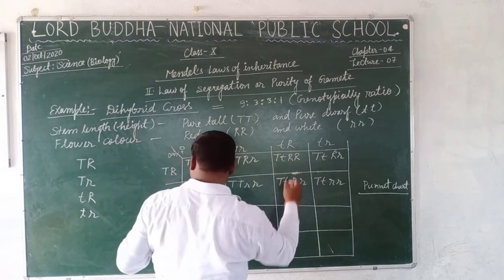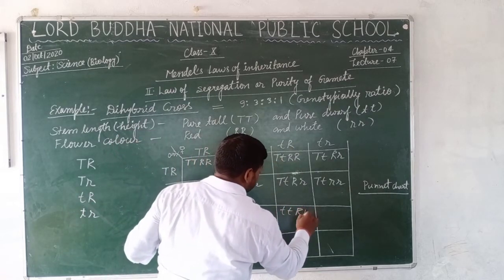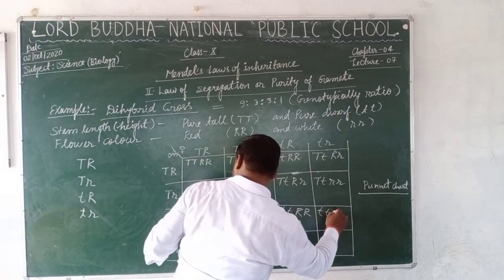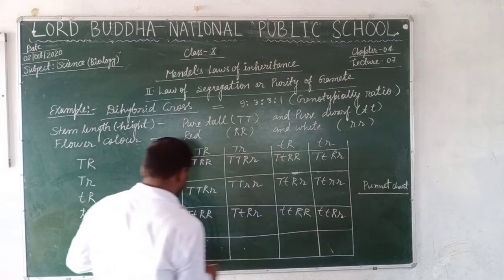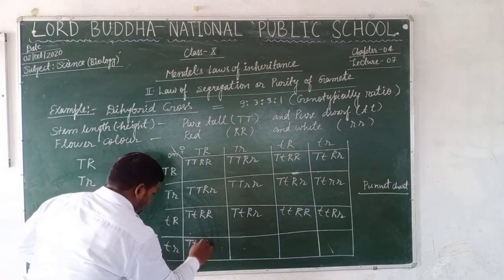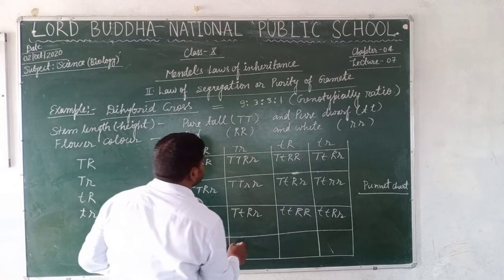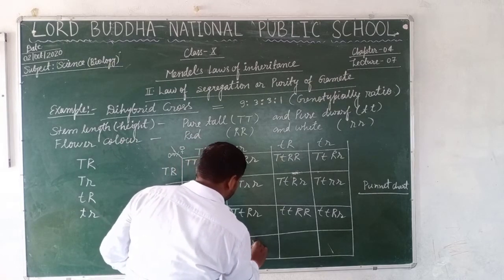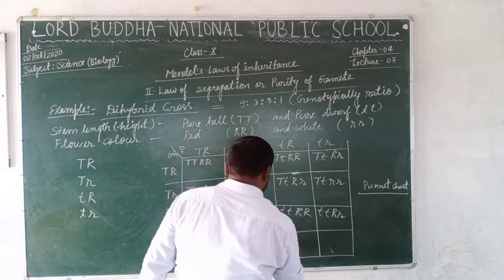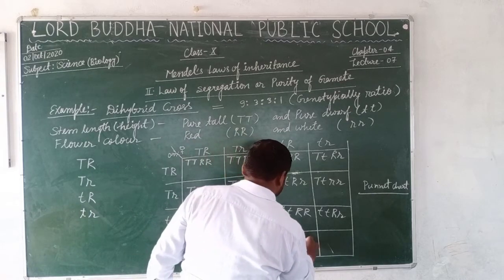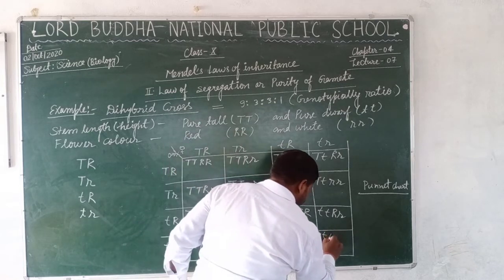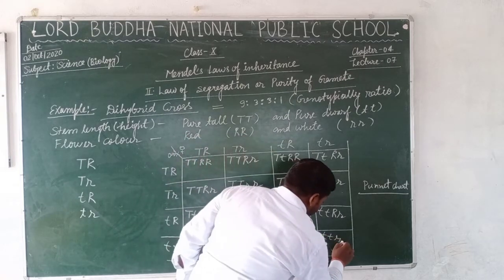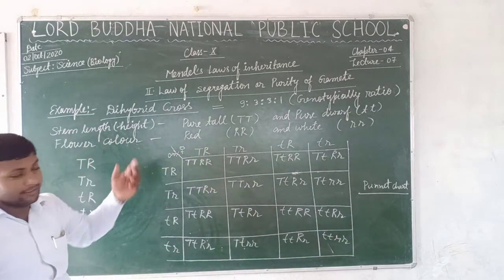The next individual is small t capital R, also small t, and this is capital R small r. Capital T small t capital R small r, capital T small t small r small r, small t capital R small r. And this is the last, the pure recessive gamete, small t, small r, small r.